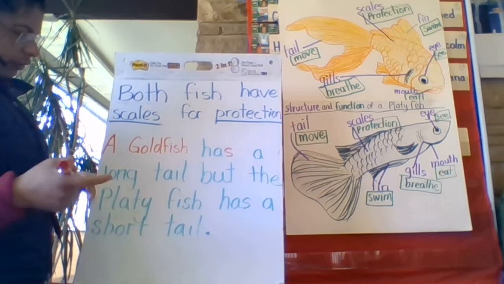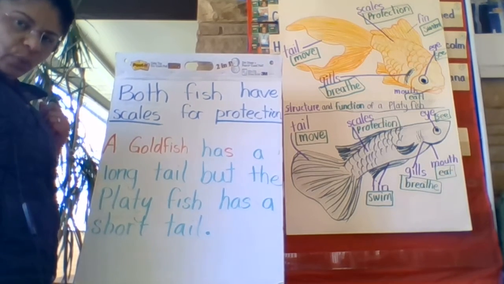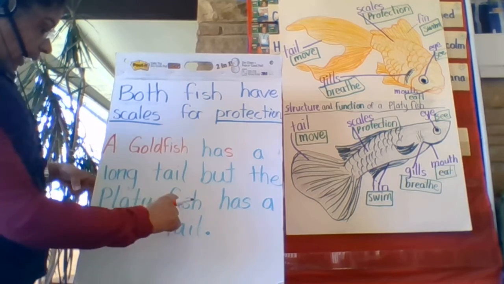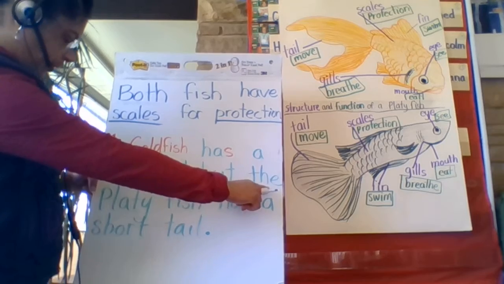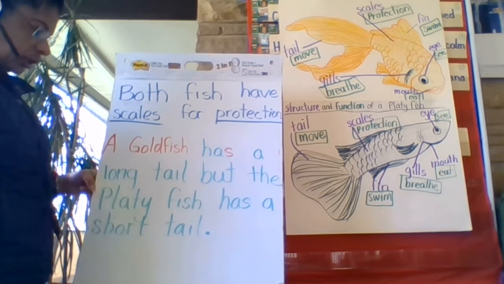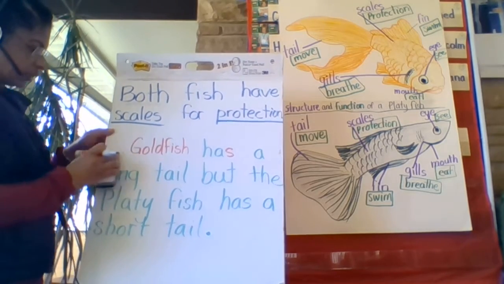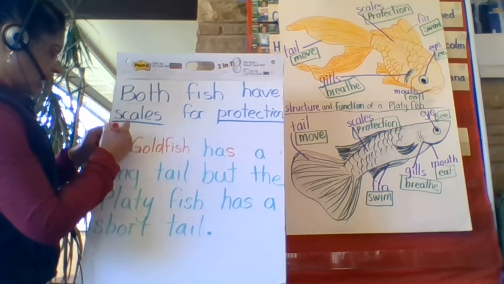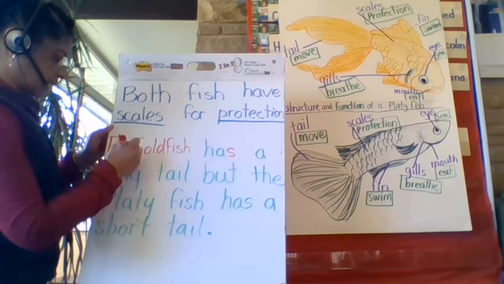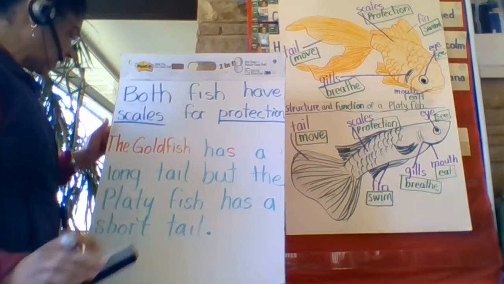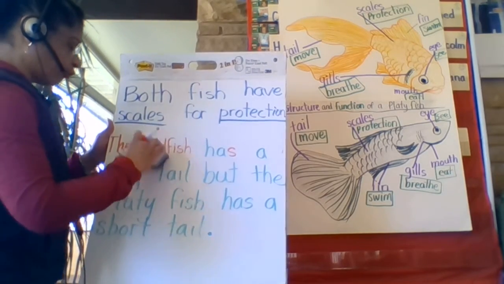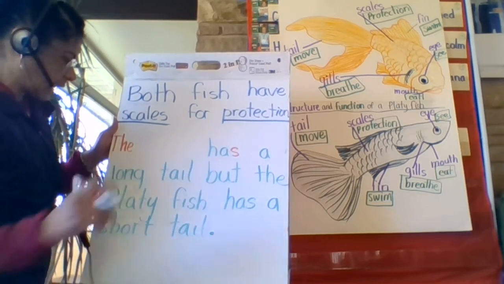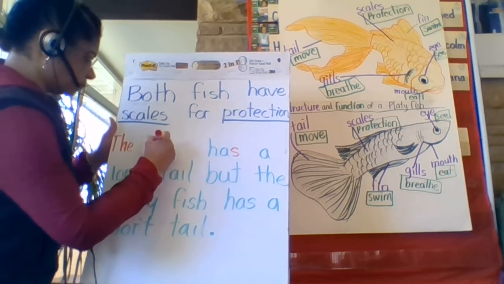And now I read my sentence and I'm still not quite pleased. What's different here? Oh, I noticed I'm saying the platyfish. So I'm going to go ahead and change these A to the. And readers, writers, scientists, notice how many times I went back, read my sentence, and worked on it to fix it.